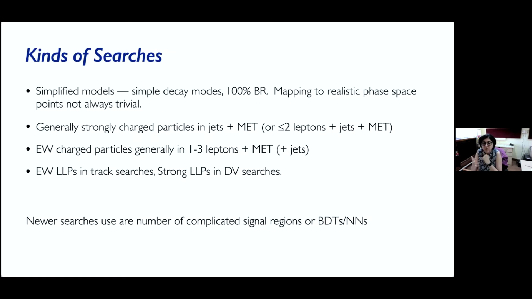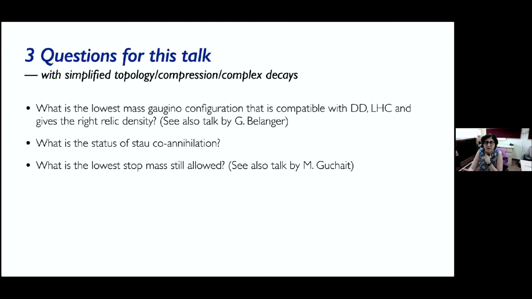And all the new searches coming out are really not as simple as just enumerating the number of particles that you have, but make use of extremely complicated signal regions, multiple cuts, and often also boosted decision trees or neural nets or heavy machine learning machinery. So the challenge then is to understand what these searches mean for us when it comes to understanding the physics and the motivation for why we want to have a supersymmetric model in the first place.